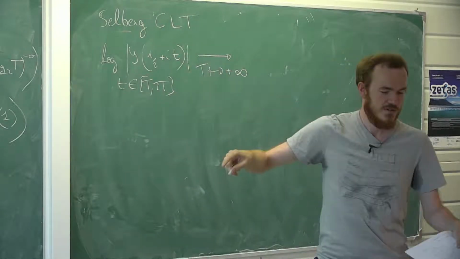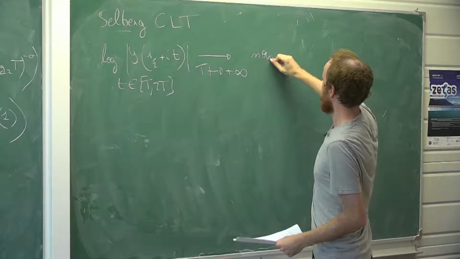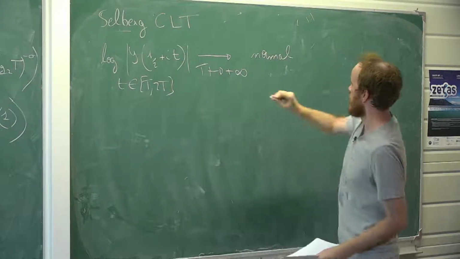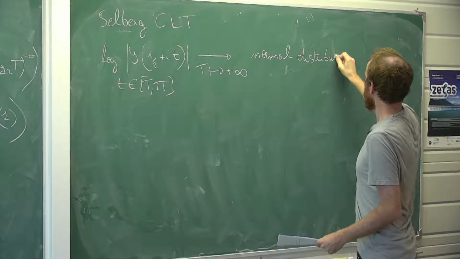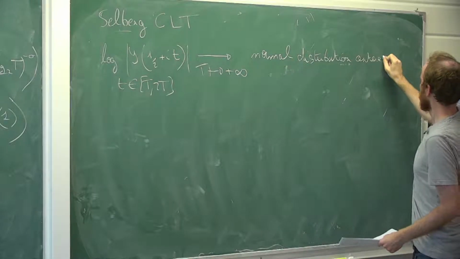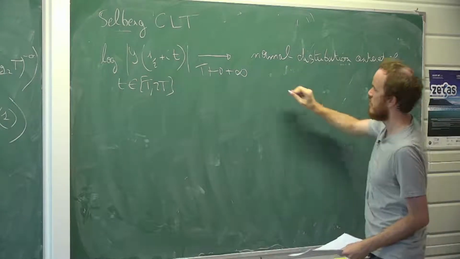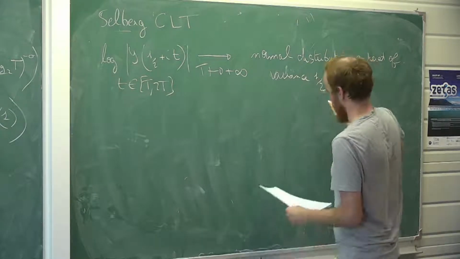So we know even better. This will converge to a normal distribution centered, of variance half log T.